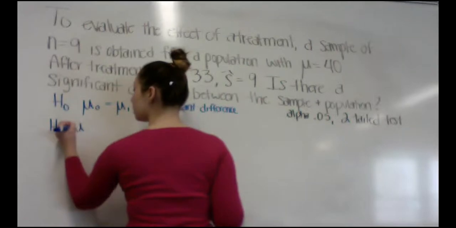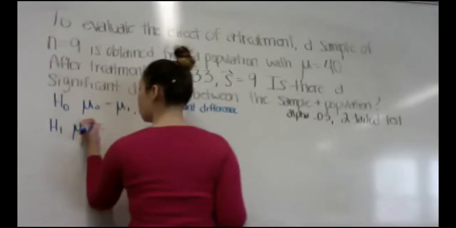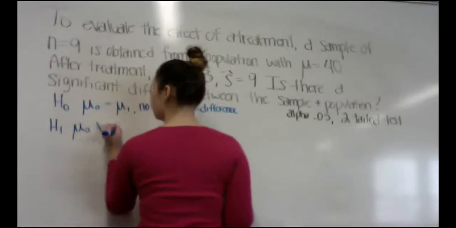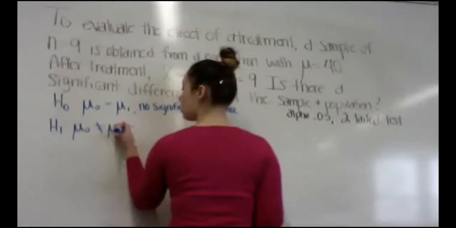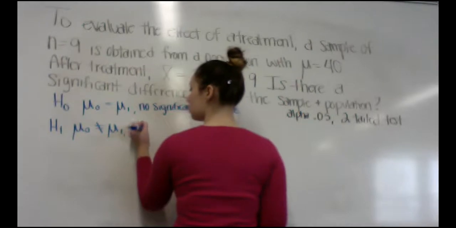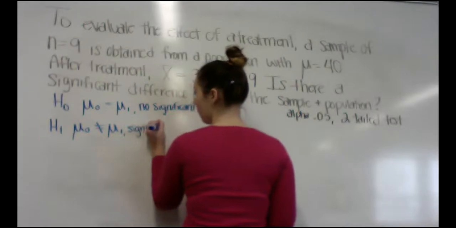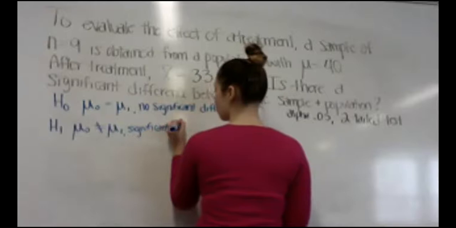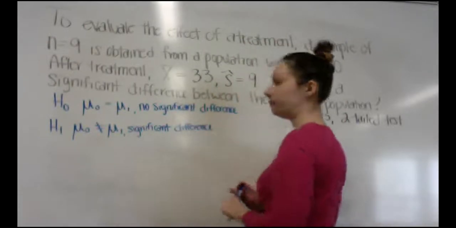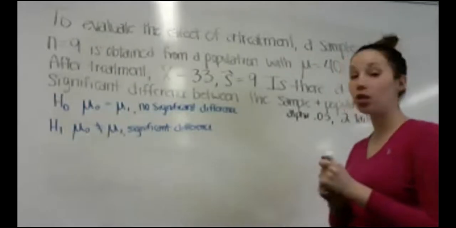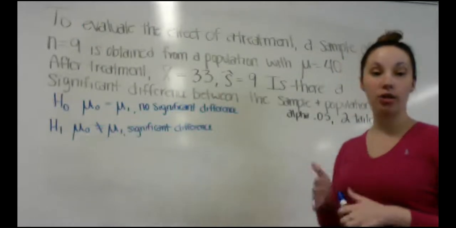We're going to write it like this: our population and our sample are not equal, a significant difference. So that's how you would do your null and your alternative hypotheses.